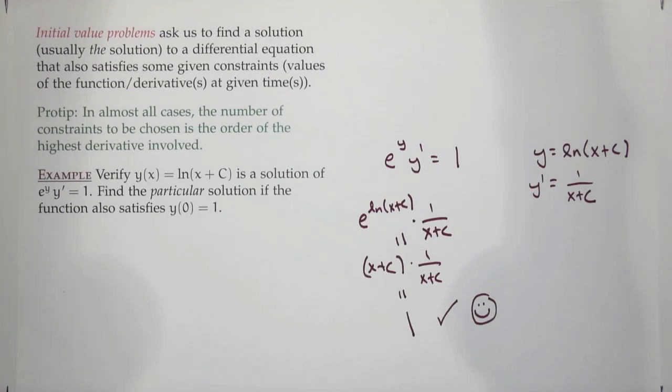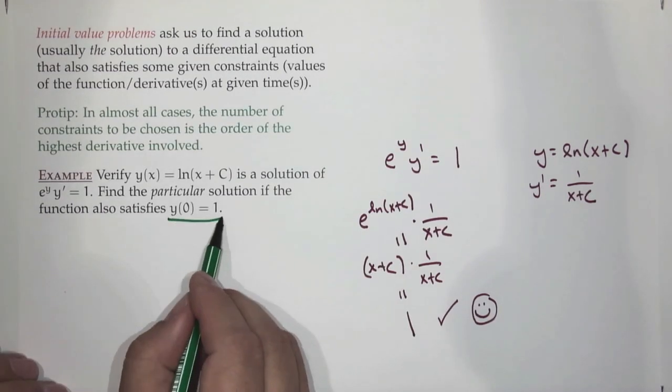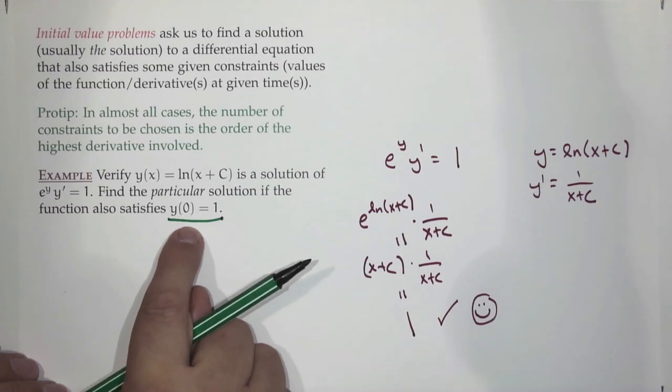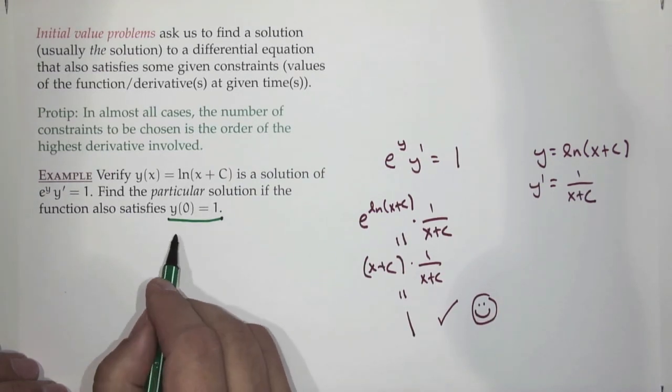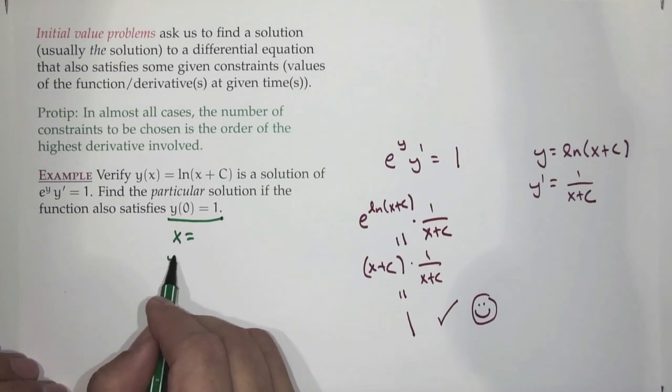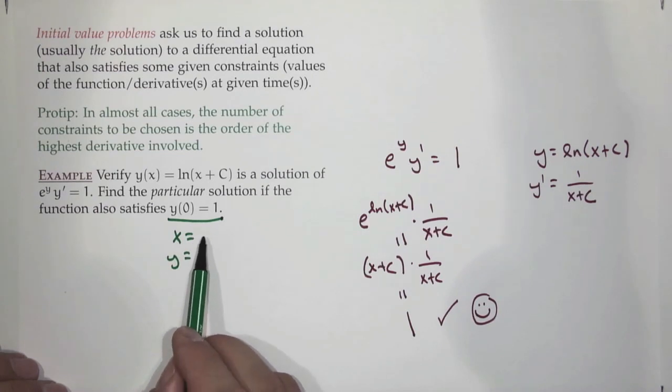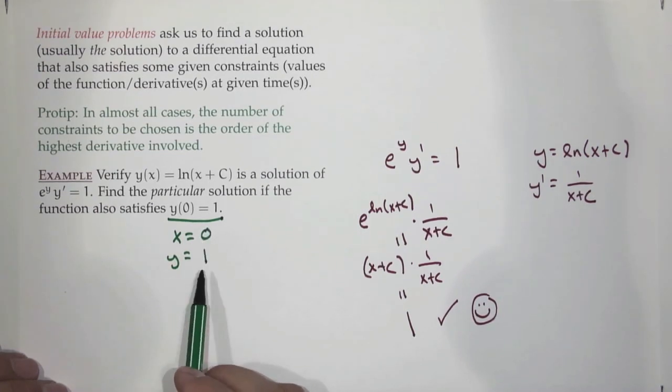Now, find the particular solution which satisfies y of 0 equals 1. Now let's parse this really quickly. y of 0 equals 1 says that you have a choice, x equals something, y equals something. What does x equal and y equal in this statement? 0, 1.